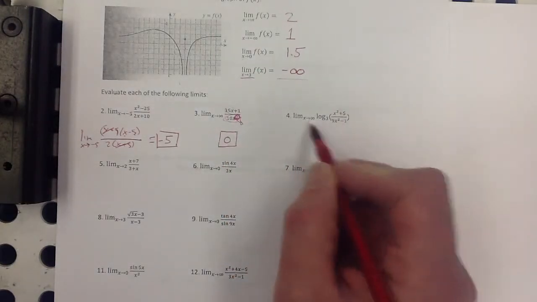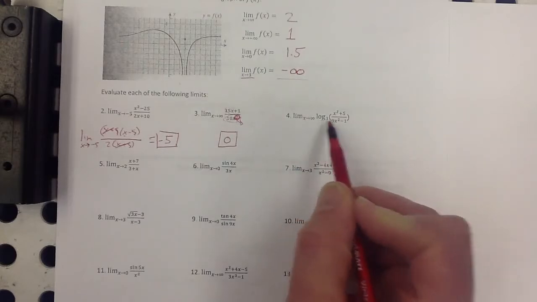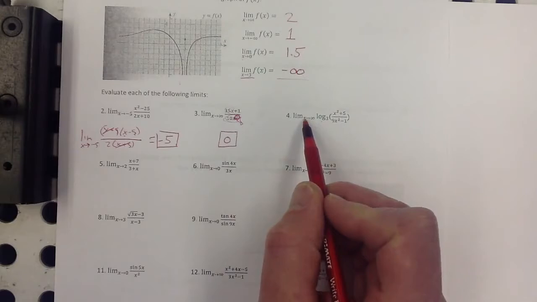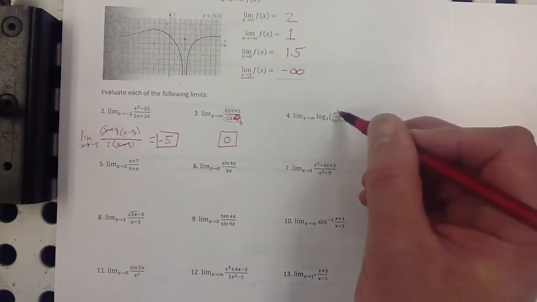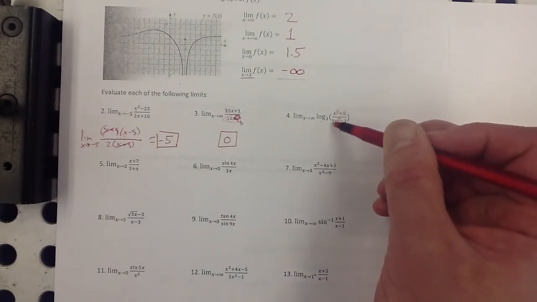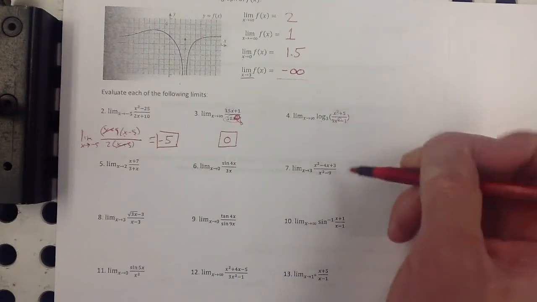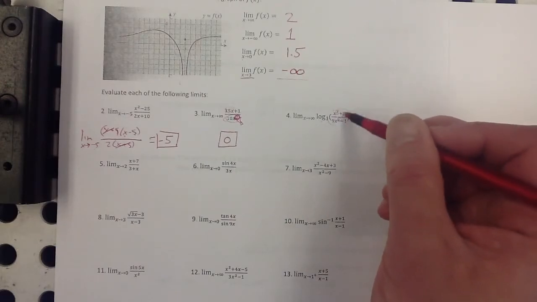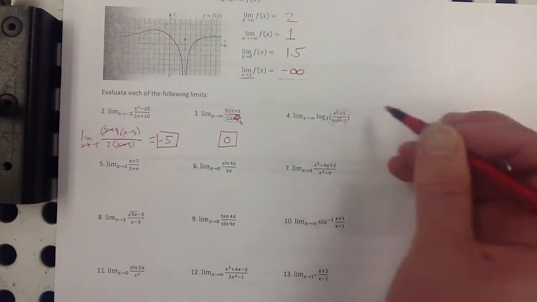Limit as x approaches infinity of this crazy expression. When we have an expression like this, we want to look at the inside first. So as x goes to infinity, I've got x squared on the top and bottom, so it's the coefficients of those that matter. So it looks like this expression is going to 1/9, right? The 5 and the 1 fade off into obscurity.